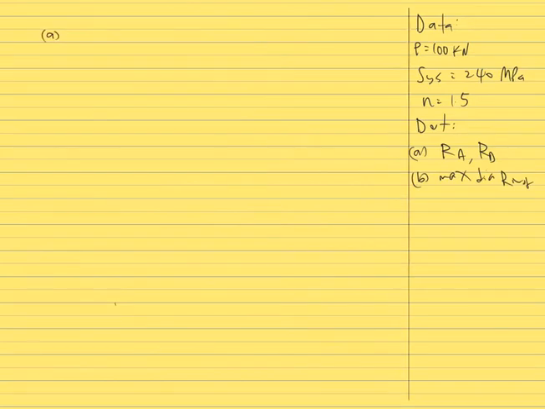Now let's solve part A, which is to find the resultant force at rivet A and at rivet D. Let's assume rivet D as the reference point.